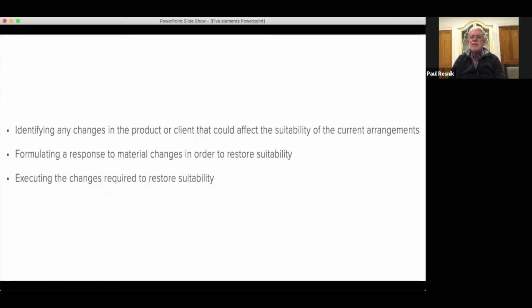So ongoing suitability is critical. It's often very lightly looked at, because we're chasing. We see advisory firms chasing their clients, not recognizing that they have obligations to their existing clients. Once again, getting that balance right is really important.